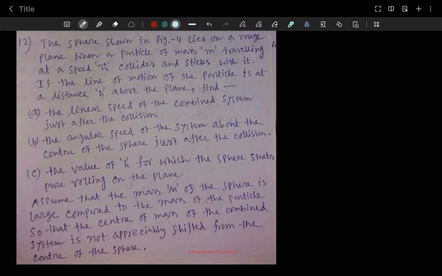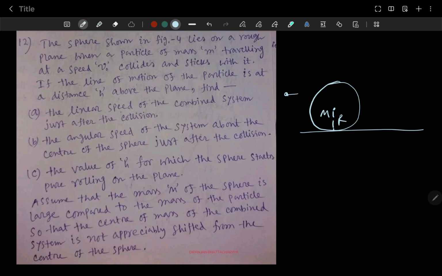Okay. Now this problem says this thing. Here is a sphere of radius r. Now the mass of this sphere is capital M, say.